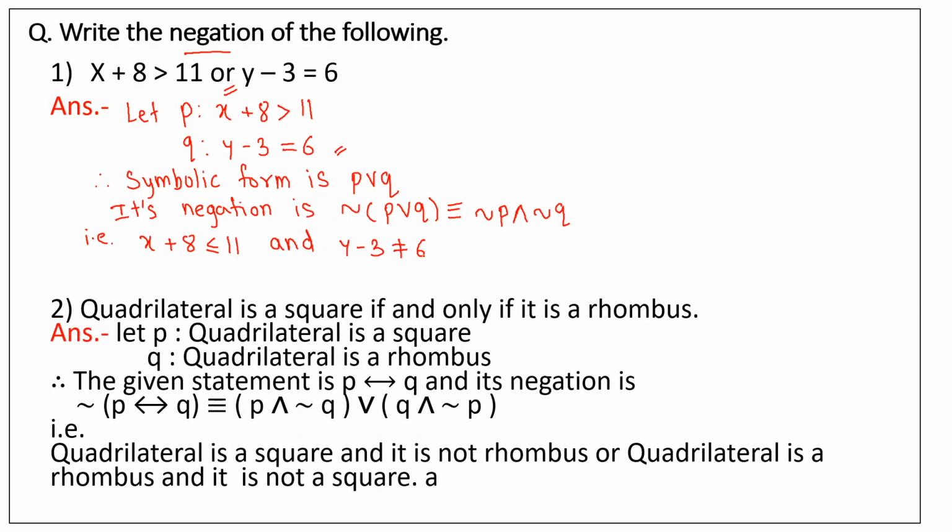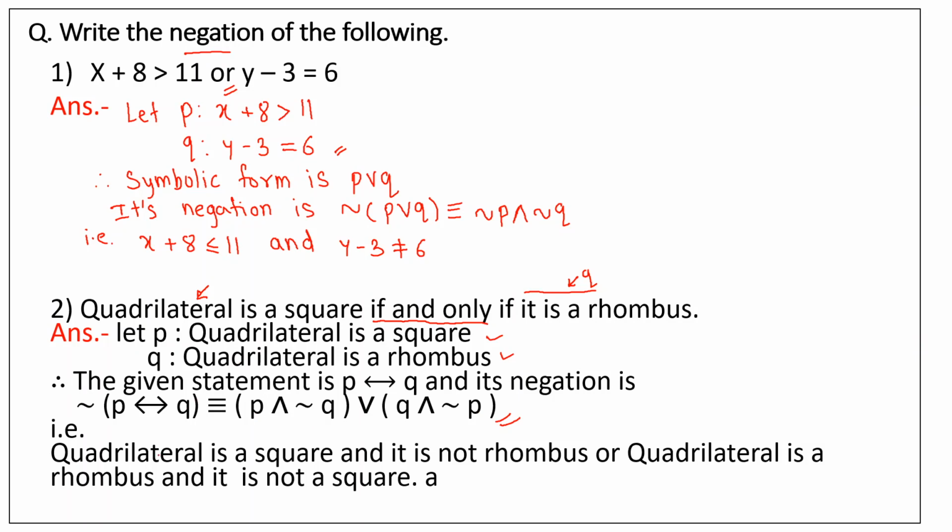If you check the second one, see, quadrilateral is a square if and only if it is a rhombus. Here biconditional is used, and you know how to write this in symbolic form. We take this as statement P and this as statement Q. The given statement is P double implies Q, and its negation is P and negation Q or Q and negation P. So we just have to write this using these statements.